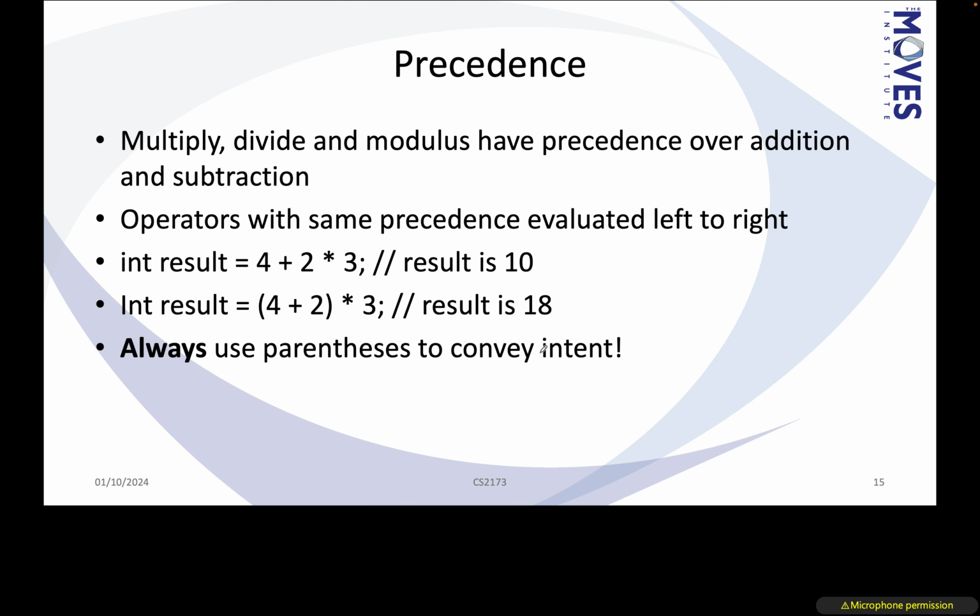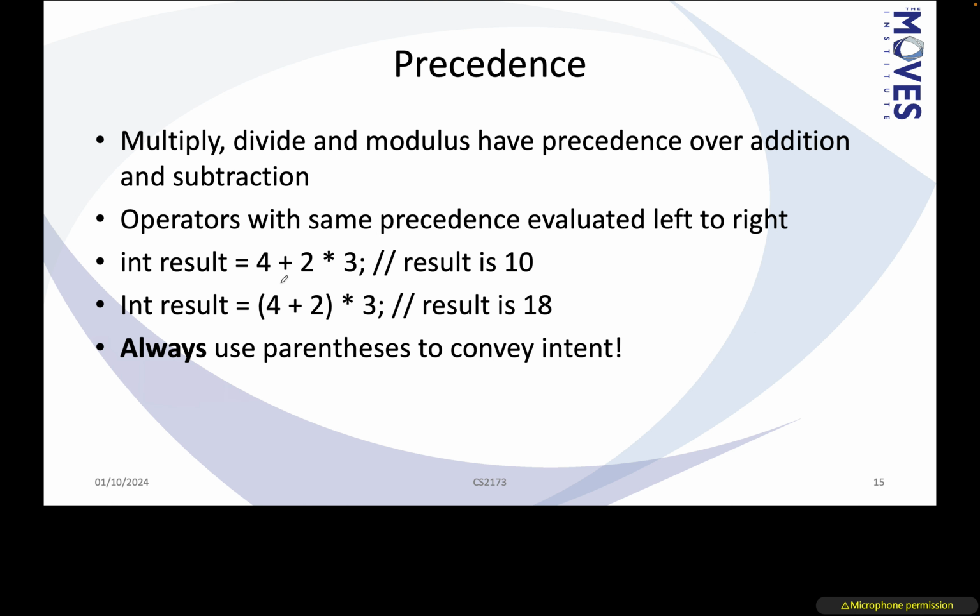Okay. Precedence, though. They must have covered this in Python, right? Each language is a little bit different in this, but I think Java's pretty standard. Multiplication, division, and modulus have precedence over addition and subtraction, and within the same precedence, it goes left to right.